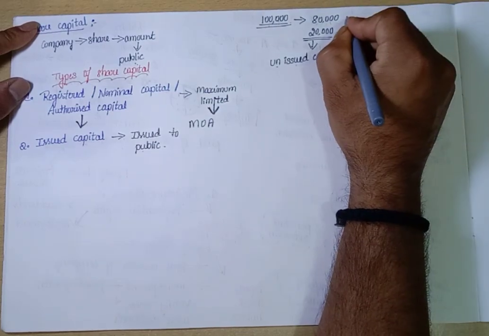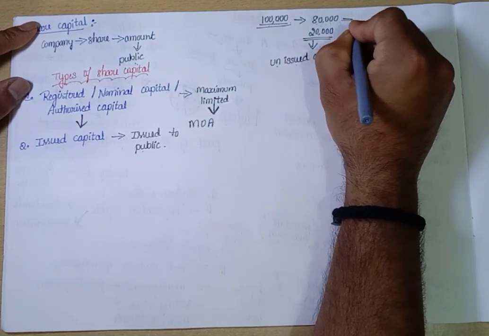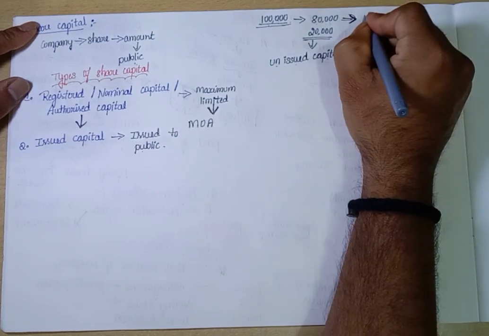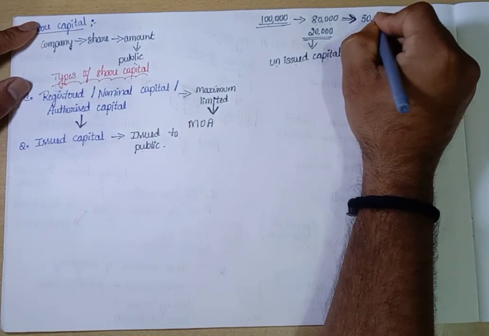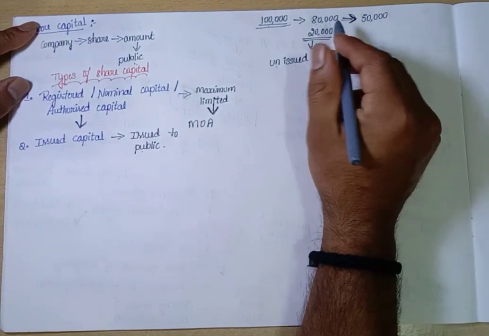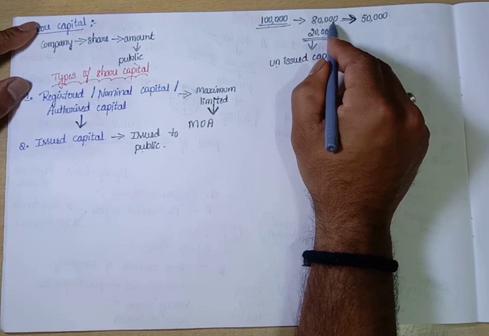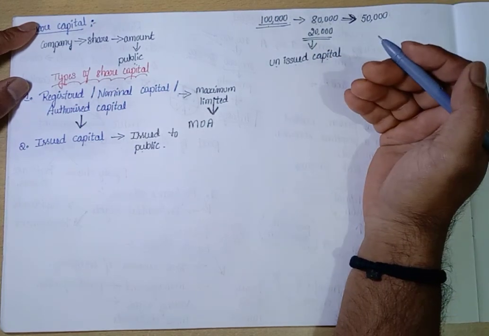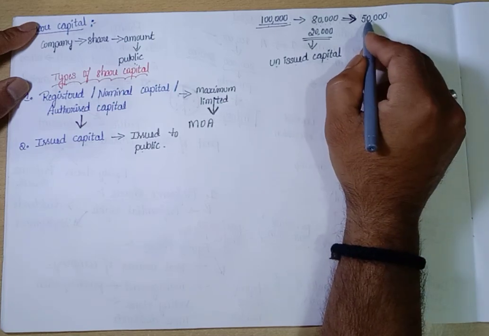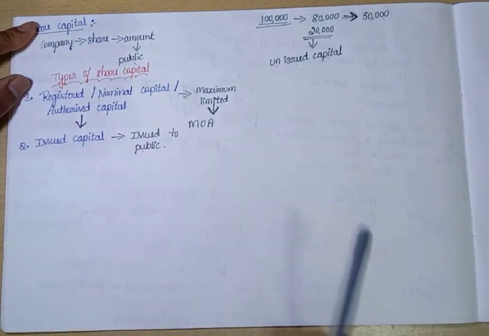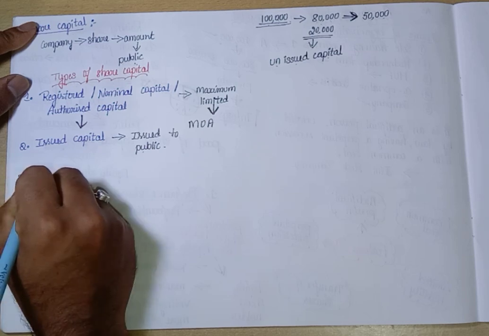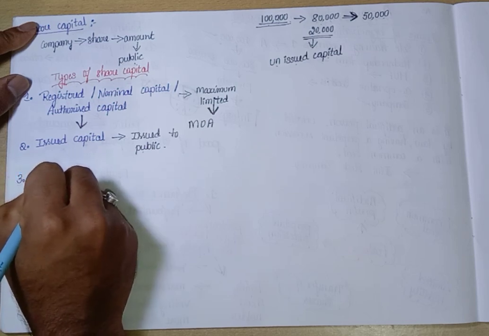For example, I issued 80,000 worth of shares, but the public purchased only, let me take, 50,000. So out of 80,000 issued shares, the public is purchasing, meaning subscribing, 50,000 worth of shares. That 50,000 we call subscribed capital.